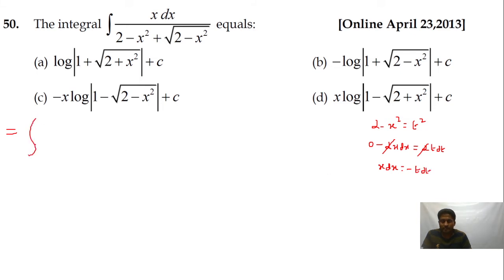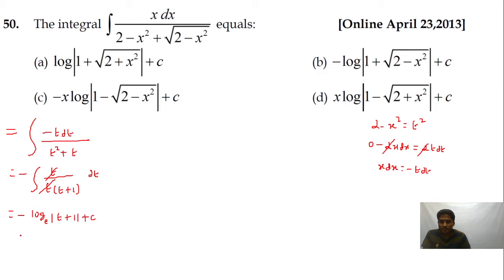So the numerator will be equal to minus t into dt divided by 2 minus x square, which is t square, and then this is plus t. Root and square cancel, right? T upon, I take t common, you get t plus 1 and then dt. T and t cancel. Integration of 1 by t is log t, so this is log of t plus 1 and plus c.